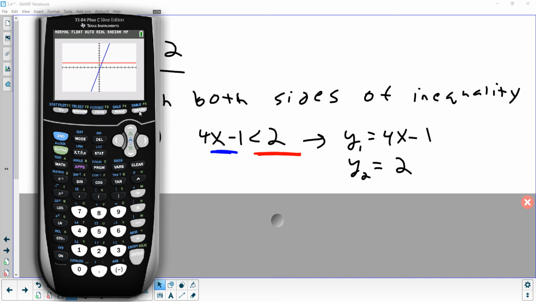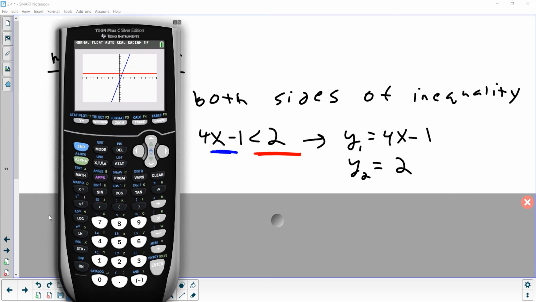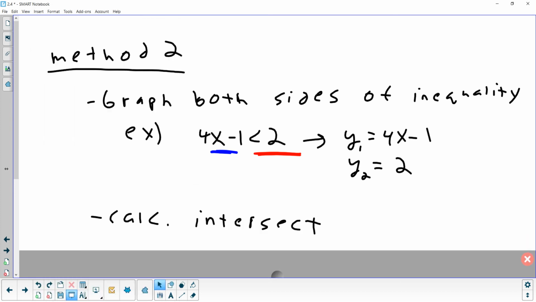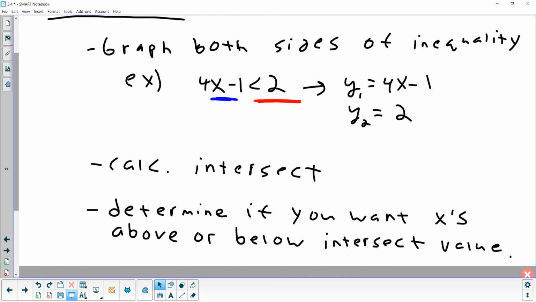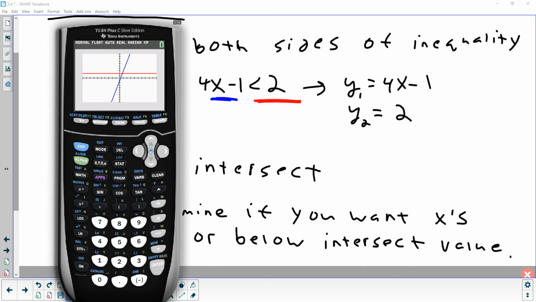What do you think I'm going to have to calculate in this one? Yep, you want to calculate the intersect point. And then your answer is either going to be everything below or everything above, depending which one you want, above or below the other.